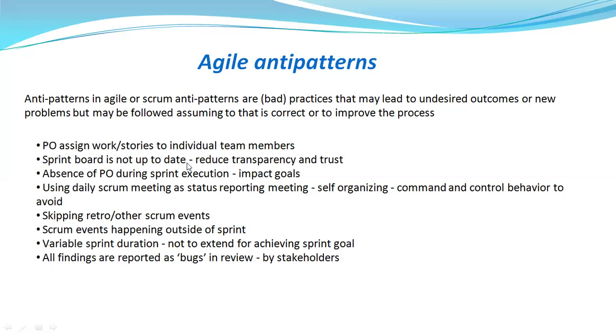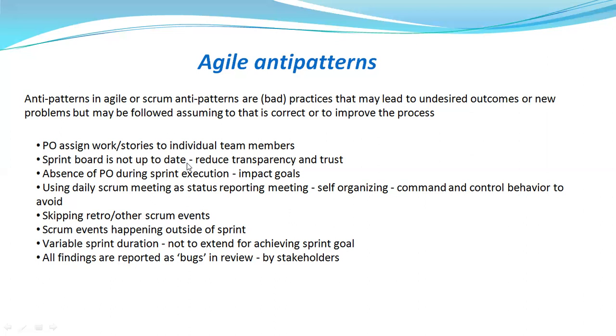So if the product owner is assigning the work or the stories to the individual team members, then it's an anti-pattern. Always remember the team should be assigning the stories or the work to themselves, and the product owner or the Scrum Master should not do this particular activity. If you are following that, it's an Agile anti-pattern.